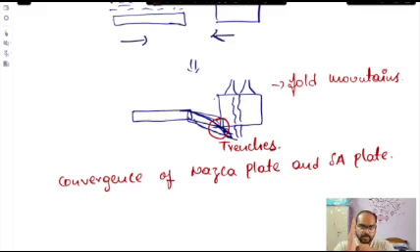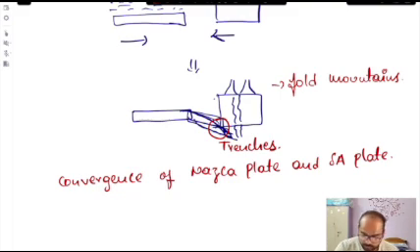The Nazca plate is getting subsumed into the interior of the earth, and the magma rising from the South American continental plate forms a series of fold mountains called the Andes Mountains. On the western coast of South America, you can observe the Peru-Chile Trench and the Andes.